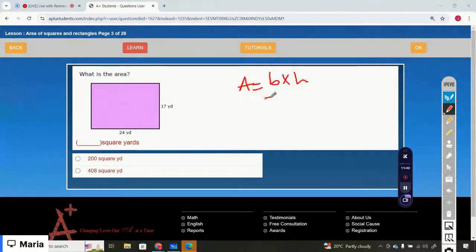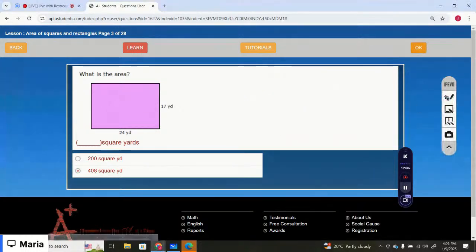That is base times height, 17 times 24, which is the correct option. That is 408 square yards. Option number 2 is the correct option.